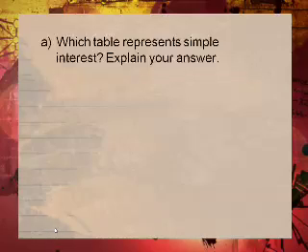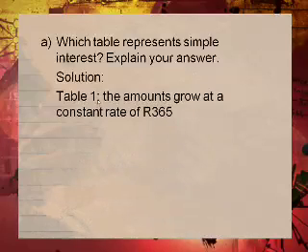Cool. First question from those tables. Which table represents simple interest? Explain your answer. Look at my answer here. I said table 1 is simple interest. Why? Because I realized that the amounts grow at a constant rate of 365 per year.